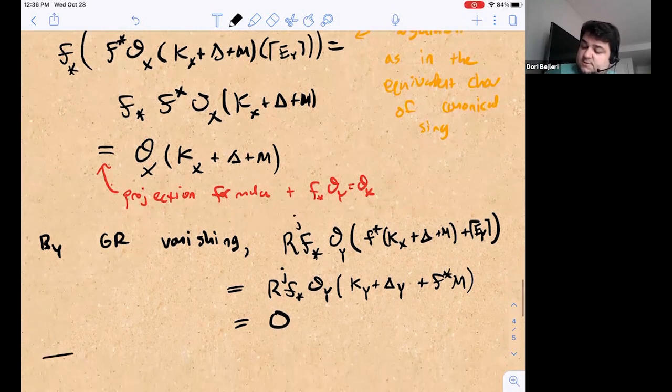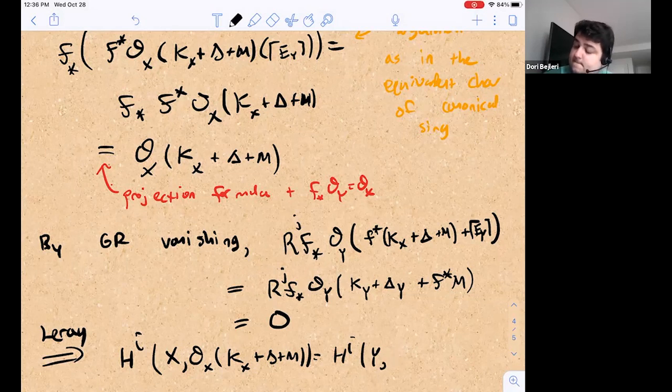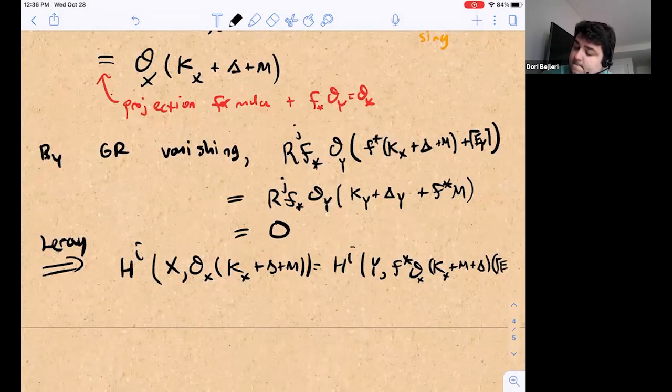And so by the Leray spectral sequence, we get that the cohomology downstairs is the same as the cohomology upstairs, which is 0.